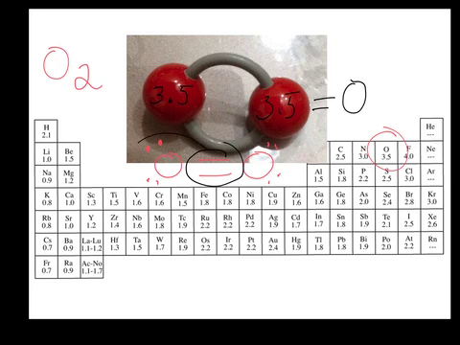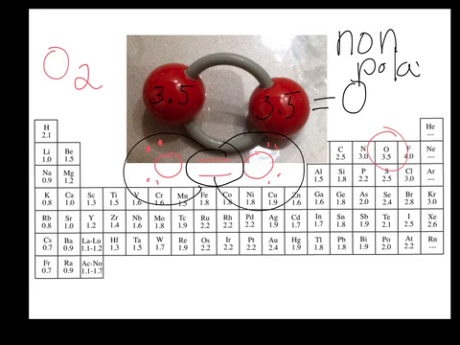So these electrons are in fact spending equal amounts of time around each atom, and so we would call this nonpolar. We didn't even have to look at the molecule shape because we already figured it's a nonpolar bond. A nonpolar bond is going to mean a nonpolar molecule.